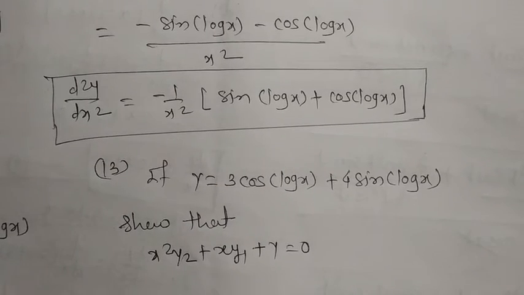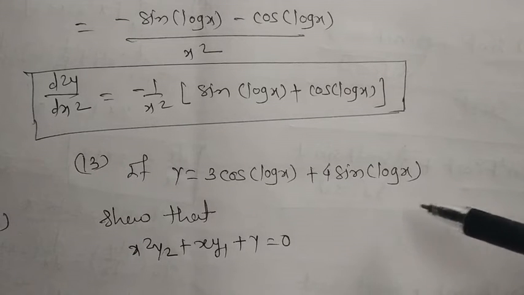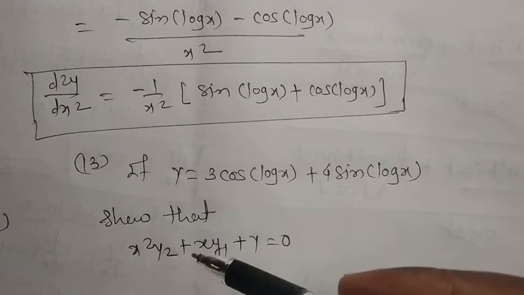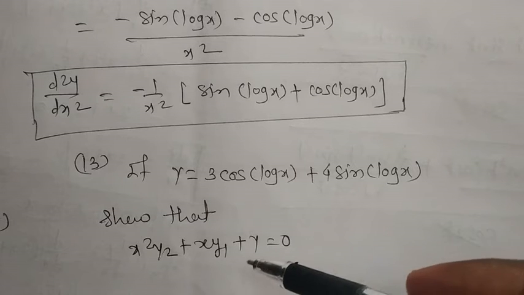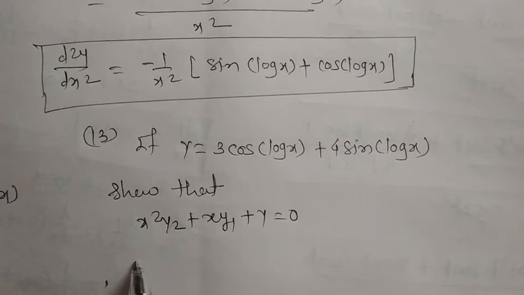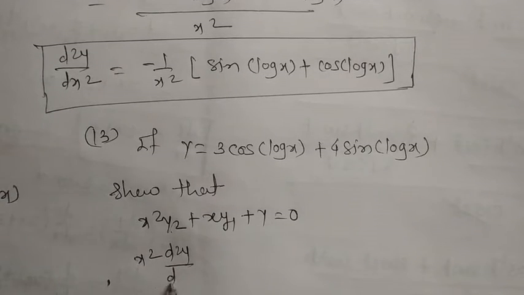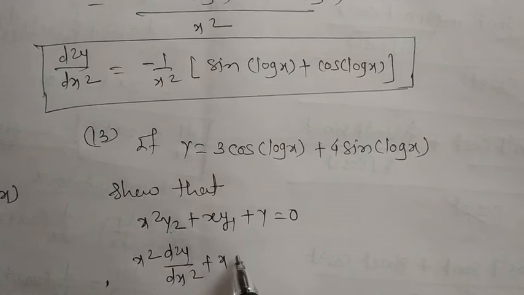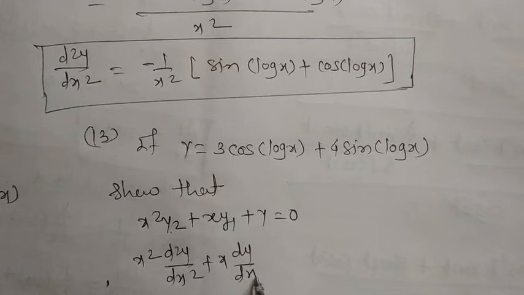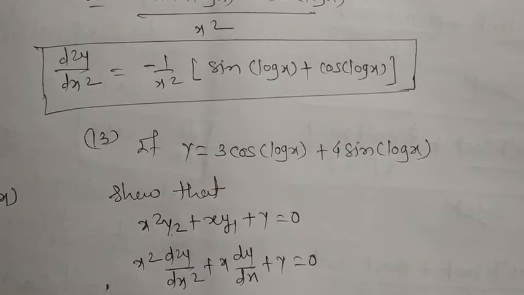Example 13 says that y equals 3 cos of log of x plus 4 sin log of x. Show that x square y2 plus x y1 plus y equals 0. Means they want to show that x square y2, that is d2y by dx square, plus x y1, that is dy by dx, plus y equals 0.